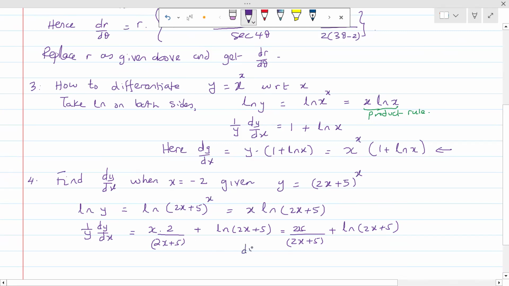Therefore, dy by dx becomes y, which is (2x plus 5)^x into 2x over 2x plus 5 plus ln (2x plus 5). This gives me the final answer.